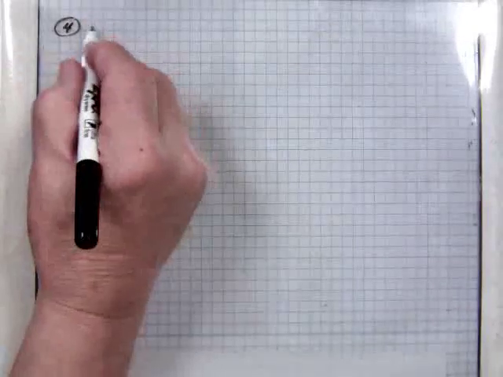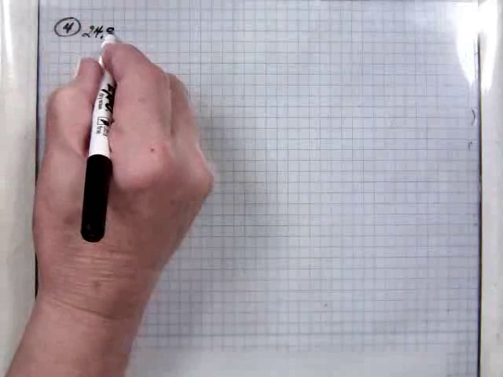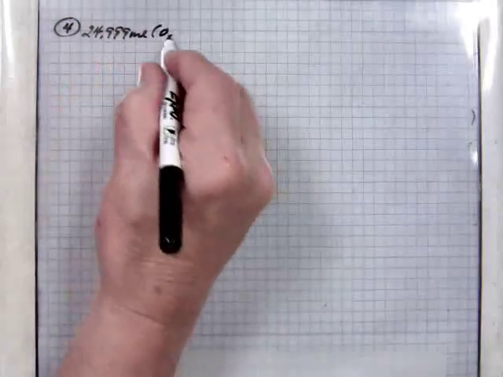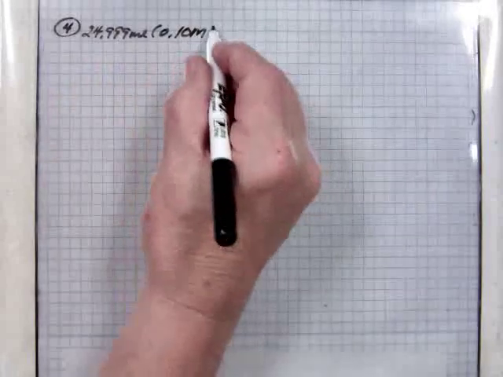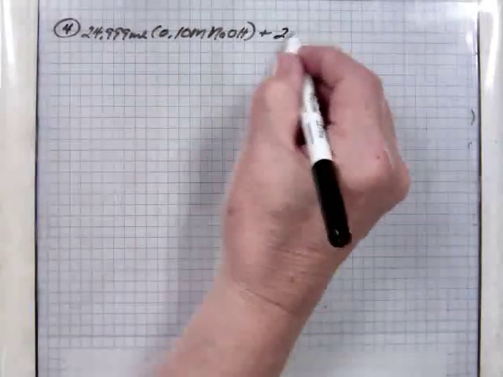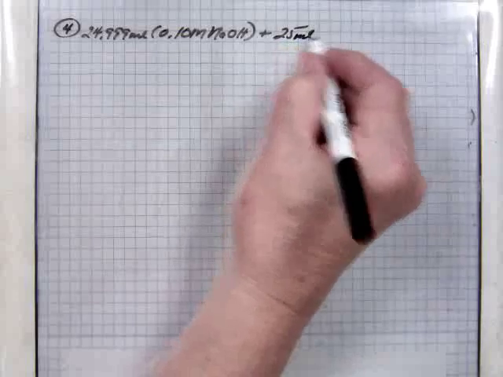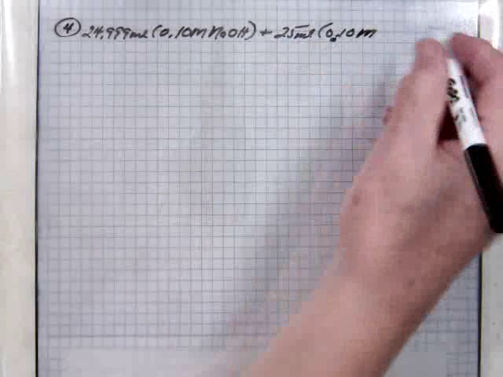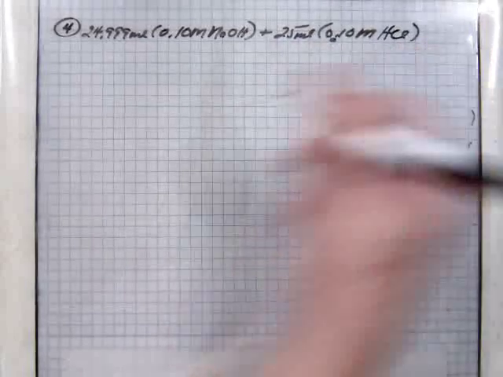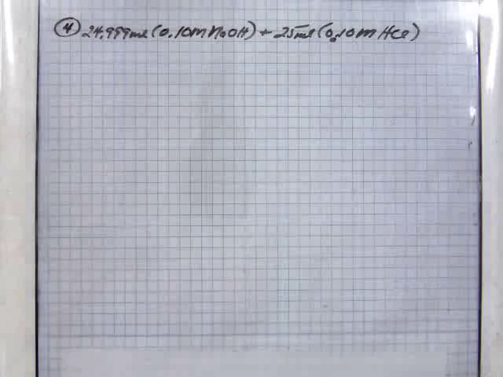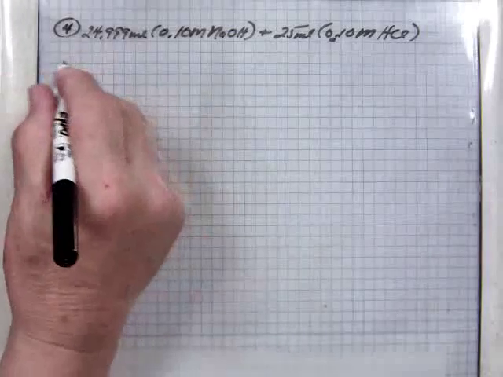All right? We're going to go 24.999 milliliters of the 0.10 molar sodium hydroxide, and then 25 milliliters of the 0.10 molar HCl solution. So we're pushing right up next to the equivalence point. And how do we start it?